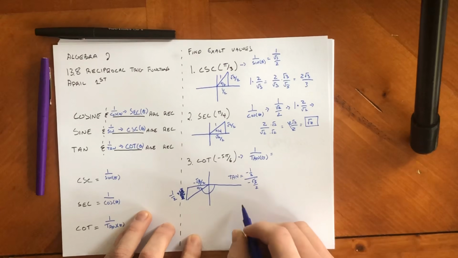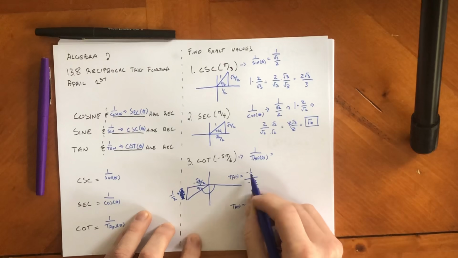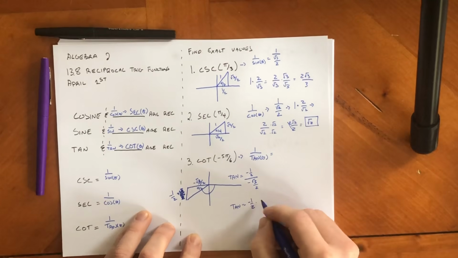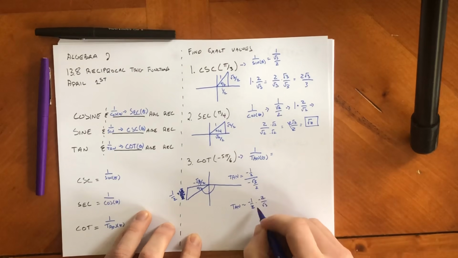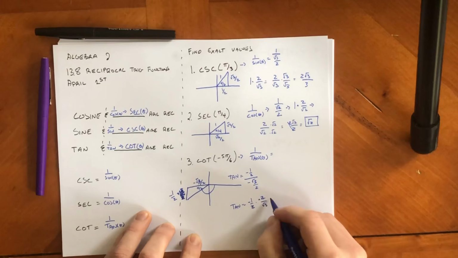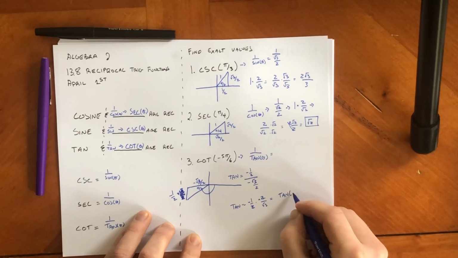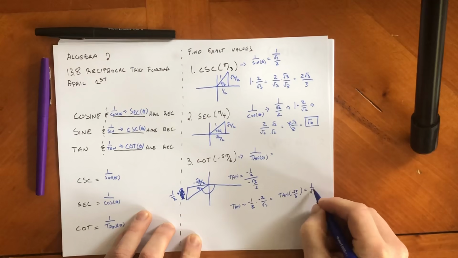So now if we keep it, switch it, flip it, tangent is going to be equal to negative 1/2 times negative 2 over root 3. These will cancel. Negative times a negative is a positive, so the tangent of negative 5 pi over 6 is going to be 1 over root 3.